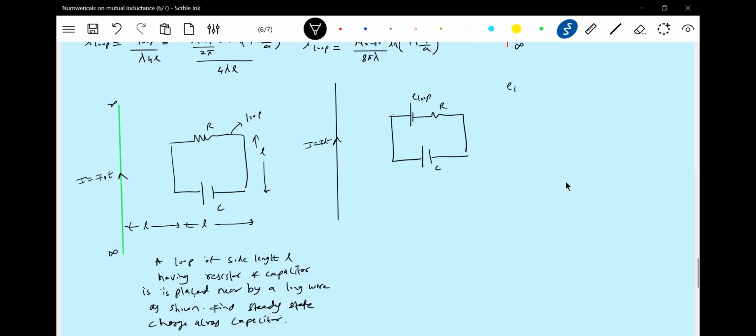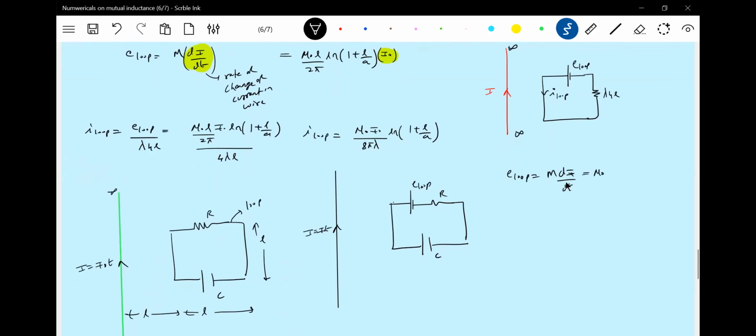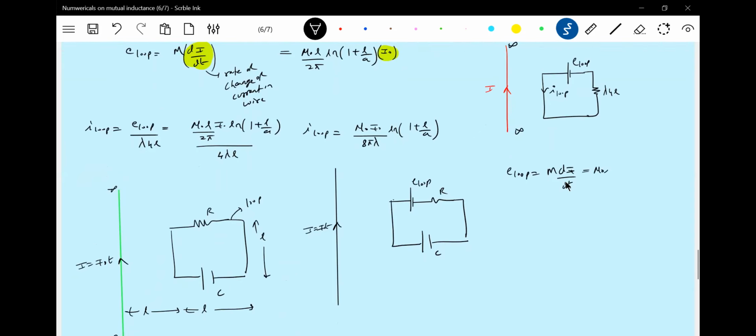The expression for EMF is M di by dt, which is mu naught L by 2 pi, log 2, di by dt, where di by dt is I naught. Hope everyone is able to understand here. Sir, how come log 2? Here length A is equal to L, no? Because A equals L, what we get is mu naught L by 2 pi, log 2. And di by dt is I naught.